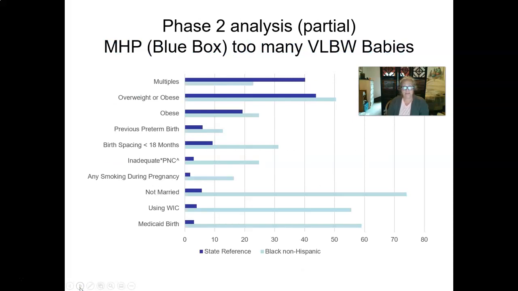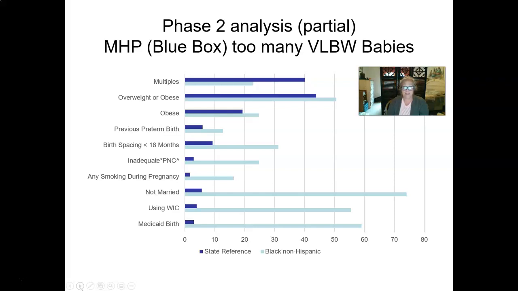So in this case, it was the maternal health and prematurity period of risk, the blue box, and they found with Kitagawa analysis that the problem was that there were too many very low birth weight babies. That is not a survival problem, it's just that too many babies are being born too early.